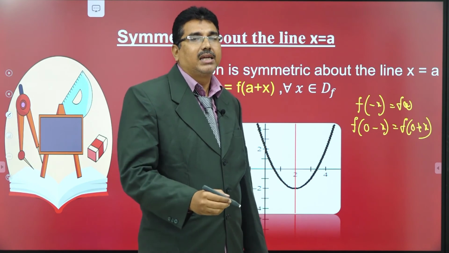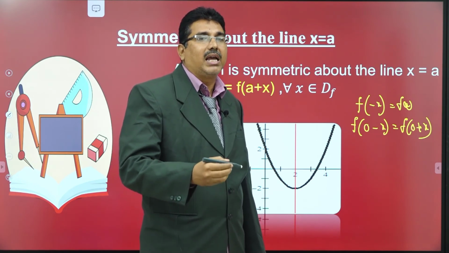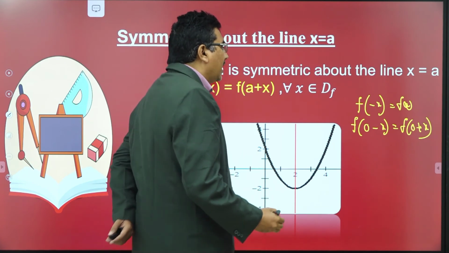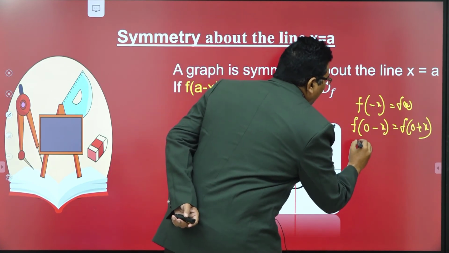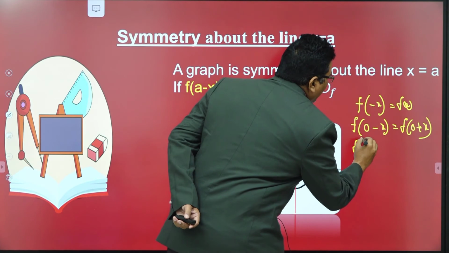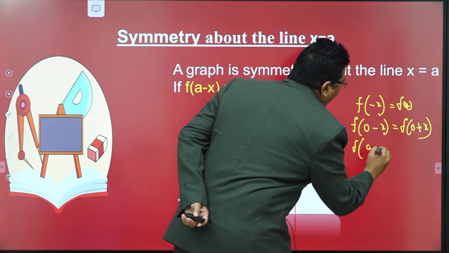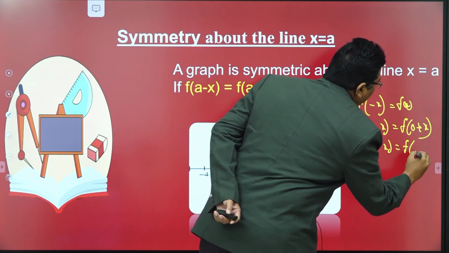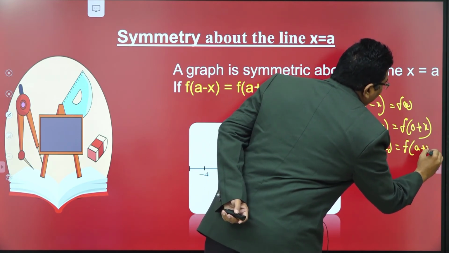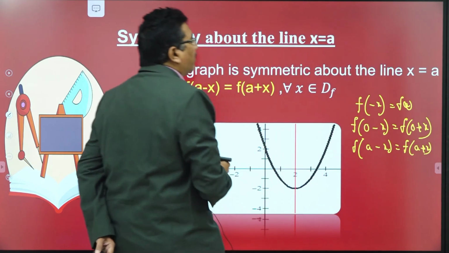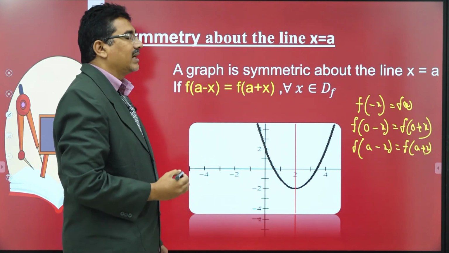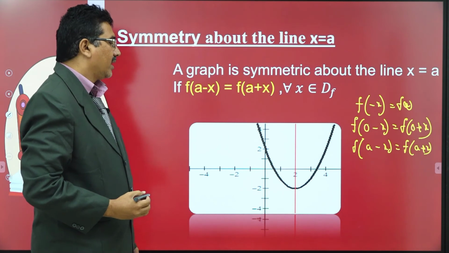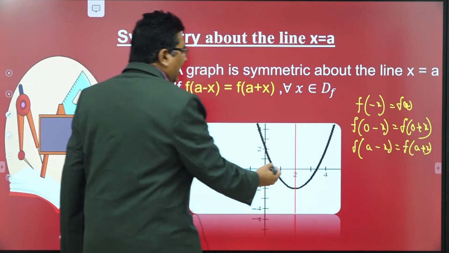Now, symmetric about the line x equals a. Put a in place of 0: f(a minus x) is equal to f(a plus x). This is the condition for a graph to be symmetric about the line x equals a. Here, see the graph.